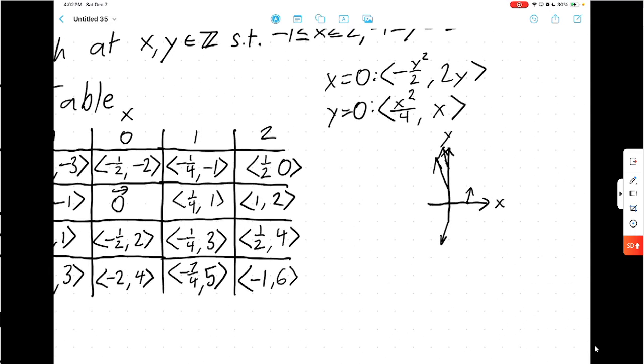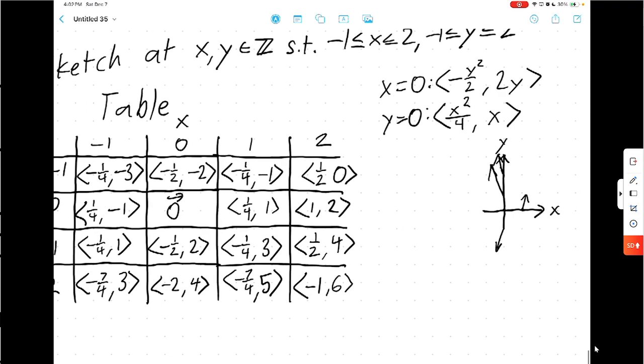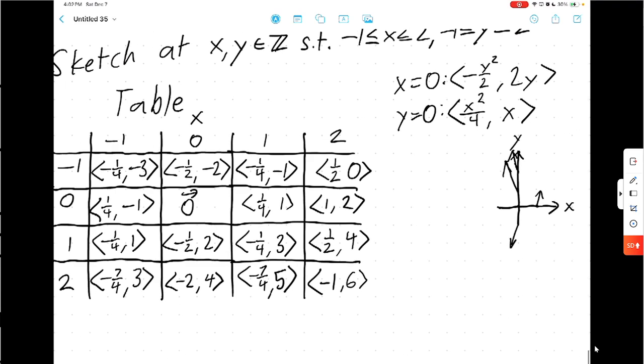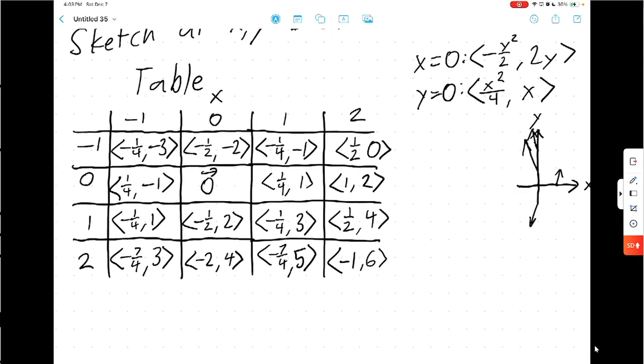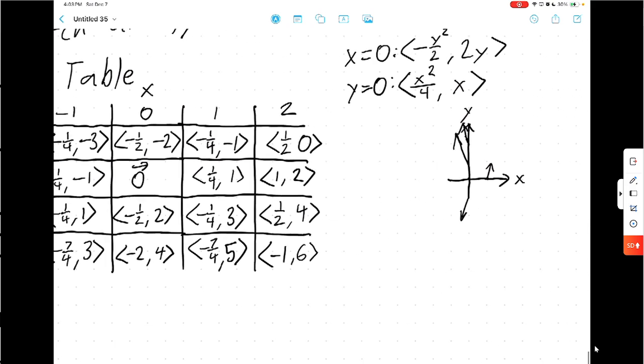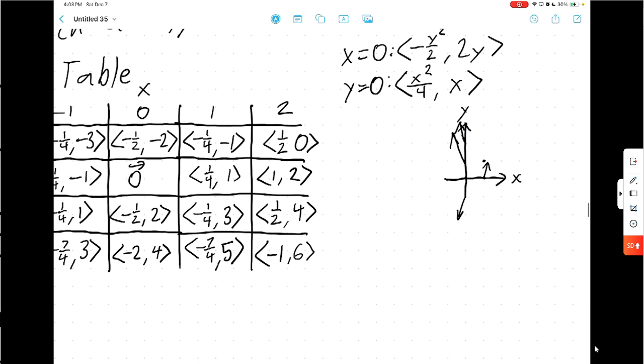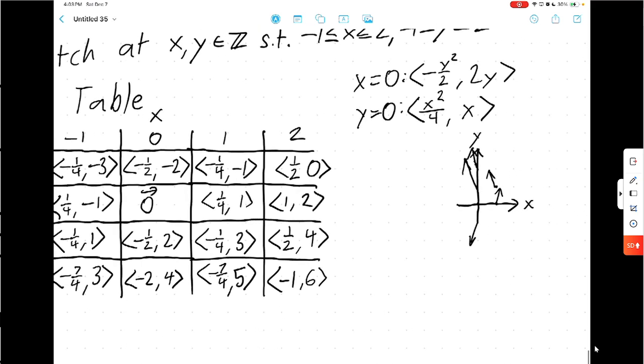Then at 0. If x equals 1, y is equal to 0. Then 1, we're going to have negative 1/4, 3. So that's going to go a little bit to the left. At 1, x equals 1, y is equal to negative 1. We're going to go negative 1/4, negative 1 like this, and something like that.